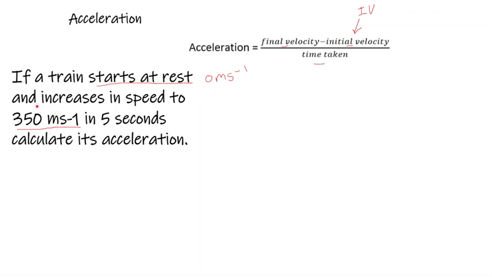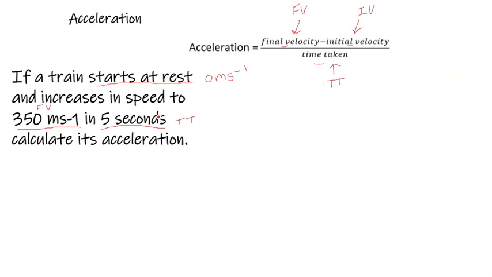That's the final velocity, which is this one here, in 5 seconds. So 5 seconds is the time taken, which is this one here. Just write it as T, time taken.